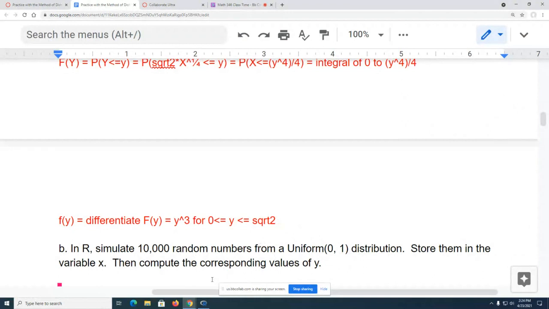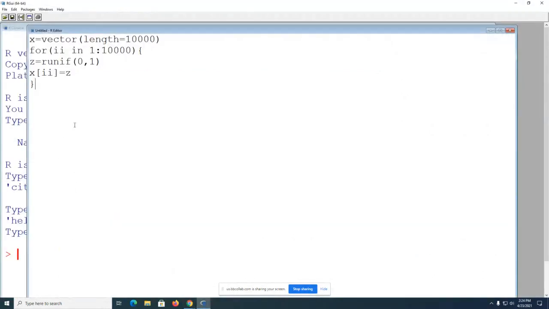So Kyle, I saw you working on this using a for loop. You can use a for loop for this, but you actually don't need one. If you instead just do x equals runif(10000, 0, 1), then it'll generate 10,000 random numbers in one go rather than having to loop through it.